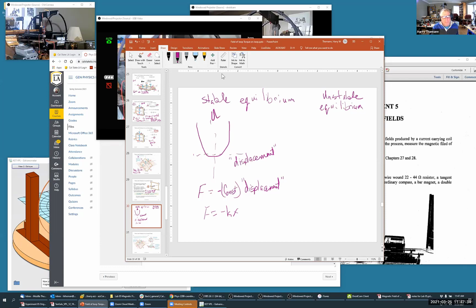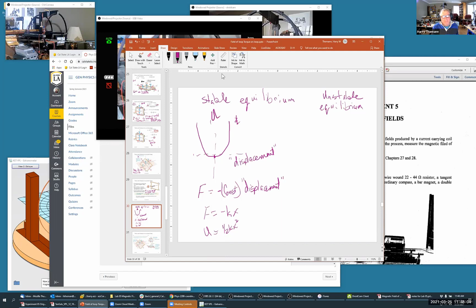And for the spring, you have a potential energy U equal to 1/2 kx squared. Its minimum is at the center here at 0. And so you see it increases whether x is positive or negative. So that's a stable equilibrium.